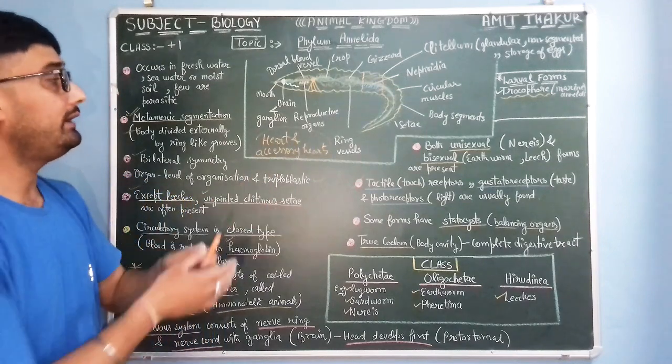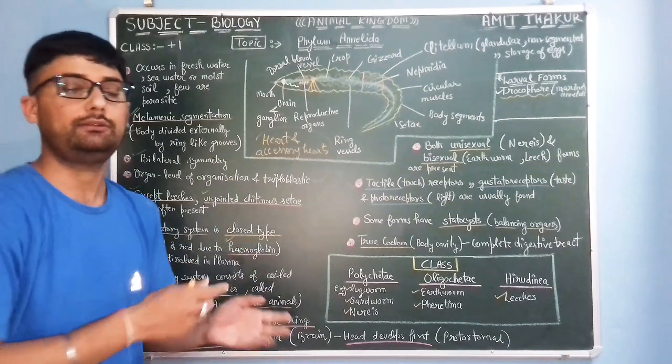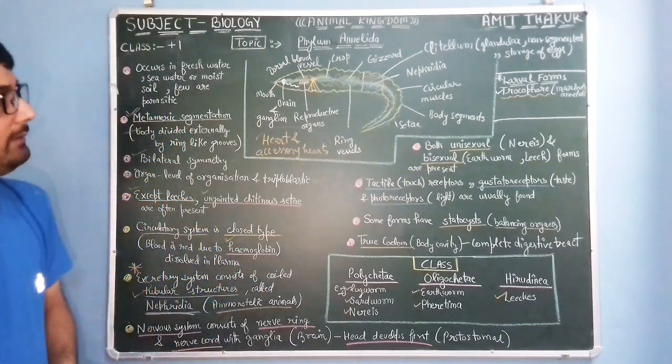Okay, there is a reduced heart with accessory hearts, and they have the same function as we see in higher animals.